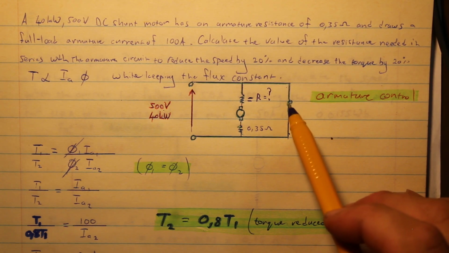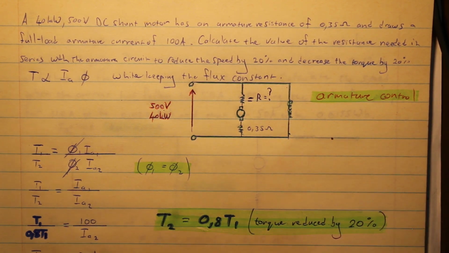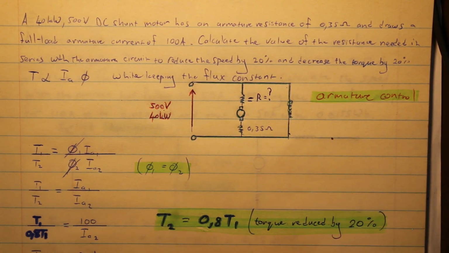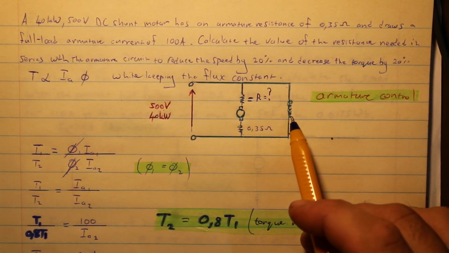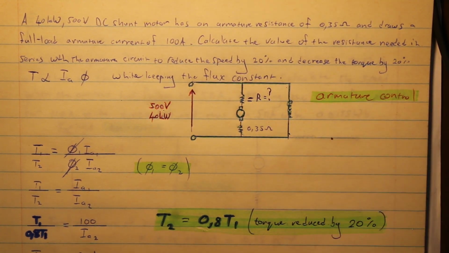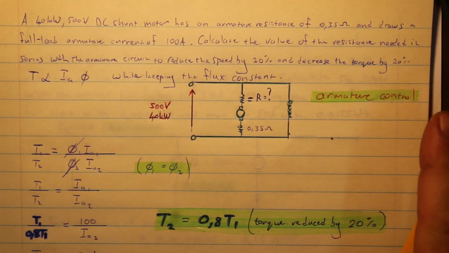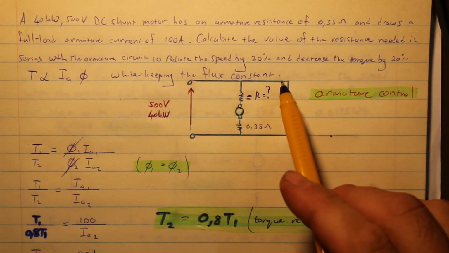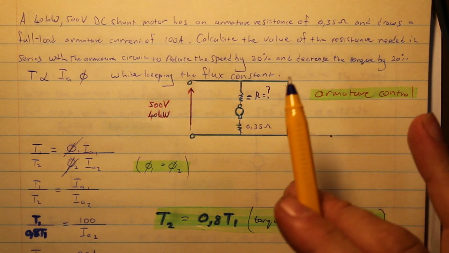The field windings haven't changed in this problem. So it's got the same number of turns and the same resistance. They haven't told us what the resistance is, or how many windings there are, but it hasn't changed. So the same current will flow through that circuit, irrespective of the speed.